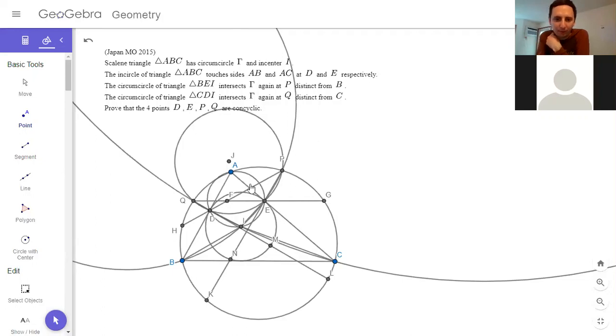You can calculate angle PQD and angle PED. Okay. I'm going to delete this circle for a sec, just because we don't know it exists yet. All right, so how do we calculate those two?